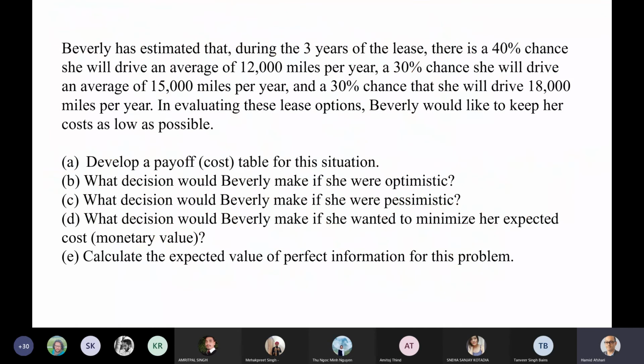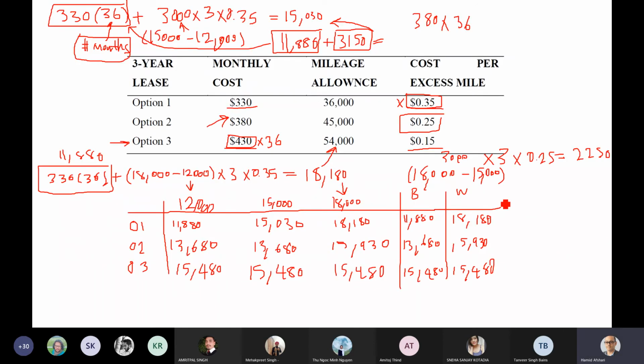Number one. We did the first part, which is developing a payoff or cost table. Part B, what decision would Beverly make if she were optimistic? If she is optimistic, what should she do? See the minimum cost. So what is the minimum cost here? 11,880.